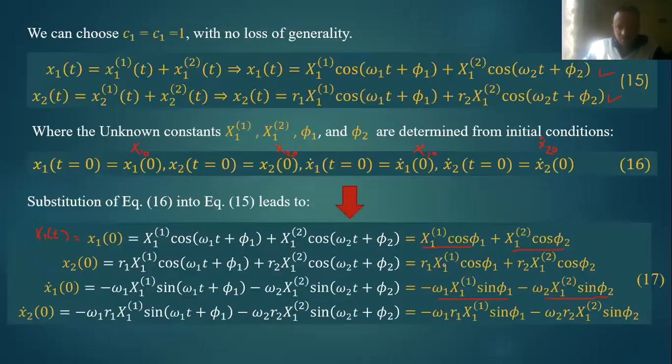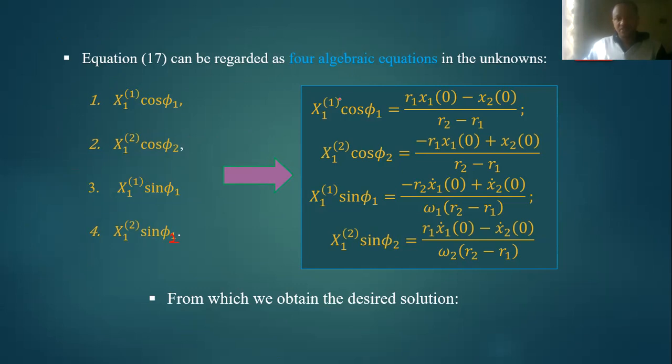If we simply take this one, x1 of 0 is equal to x1 of 1 cos phi 1 plus x1 of 2 cos phi 2. Just rearranging the equations, finally we get these 4 equations: equation 1, 2, 3, 4. These 4 equations help us to determine the 4 constants.